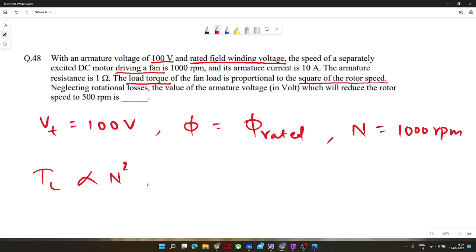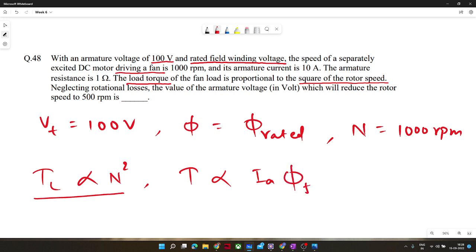Okay, so load torque is depending on the speed of your rotor, and generally from the machine side, this is the requirement of the load. This much torque the motor should be capable of delivering, but machine torque depends on current and flux, so armature current and flux, right?